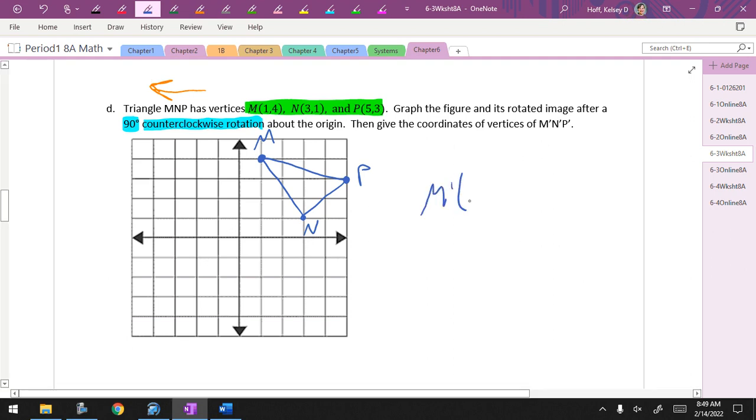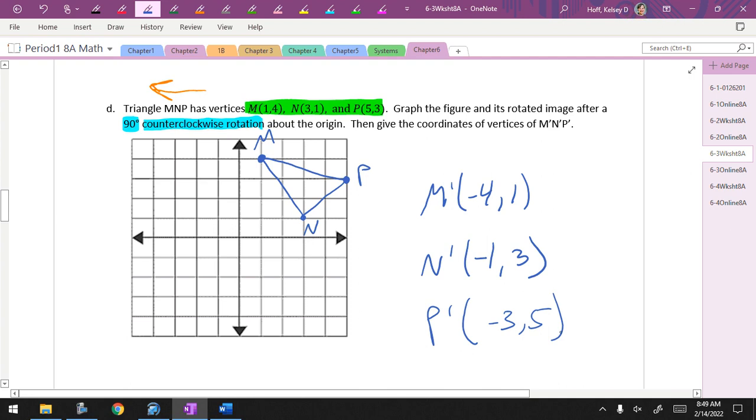M prime should be -4, positive 1. N prime should be -1, 3. And P prime should be -3, positive 5.